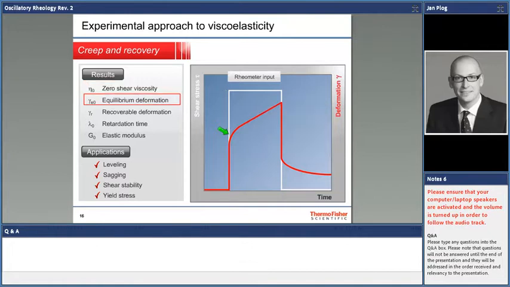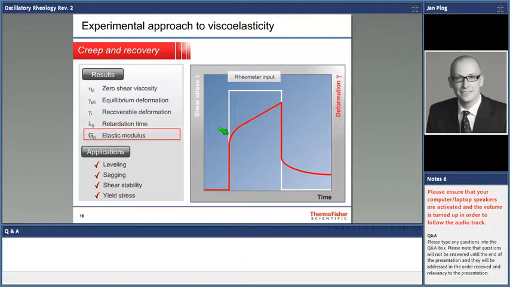You get information on the equilibrium deformation and on the recoverable deformation. We talked about that though, what is the viscous and the elastic component of your fluid towards that stress. You can get a retardation time from a creep and recovery test, meaning nothing else but how long does your fluid need to actually come to rest again, to its motional equilibrium, okay, after you stressed it.